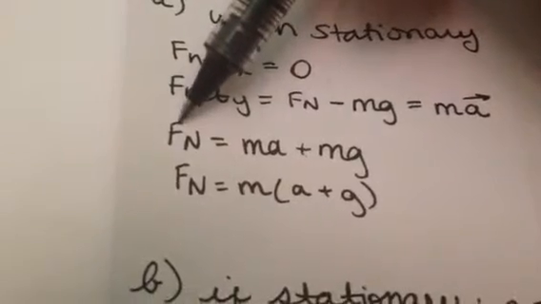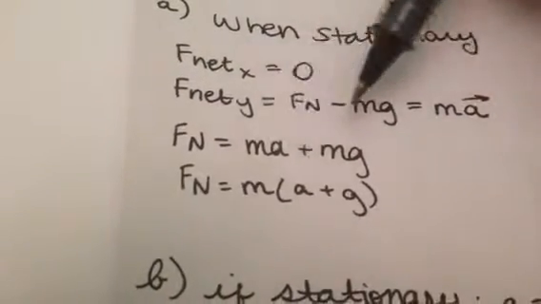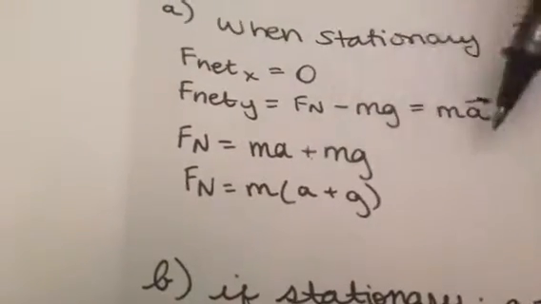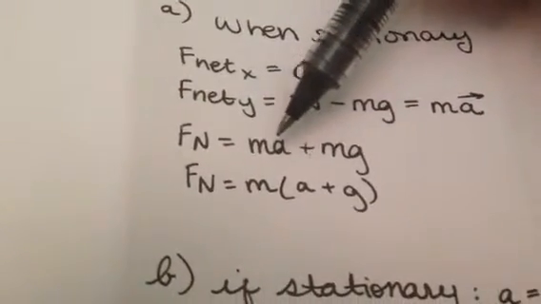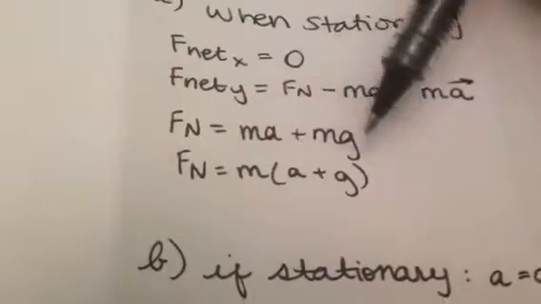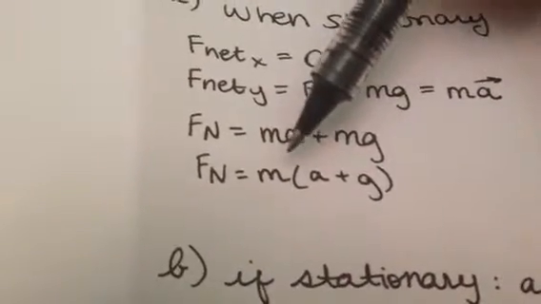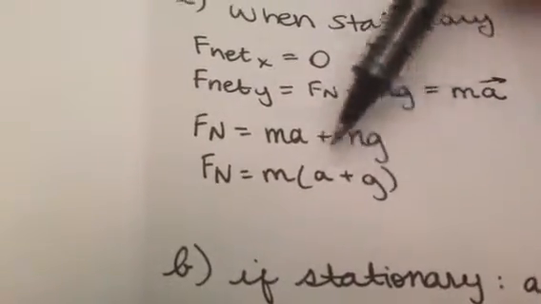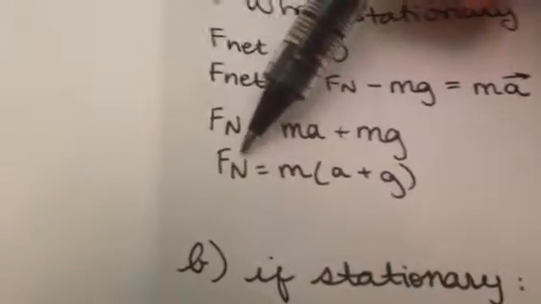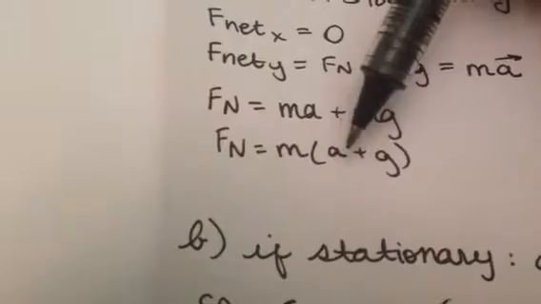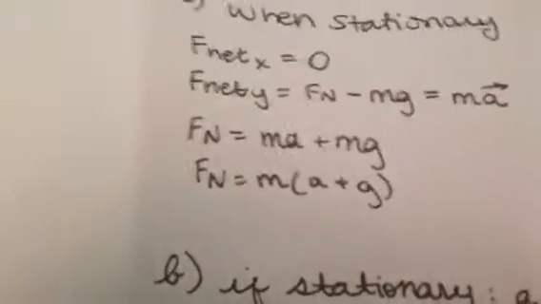So we can solve for Fn by adding mg to both sides, and then we have ma plus mg, and then we can simplify by taking out the m. So you know that the normal force is equal to mass times acceleration plus gravity.